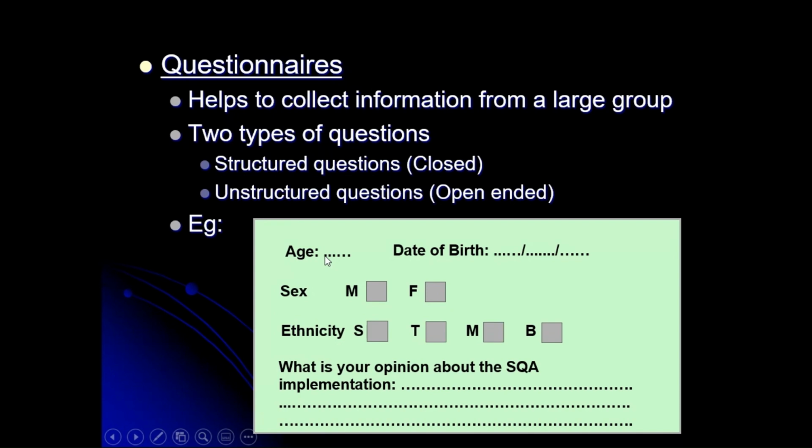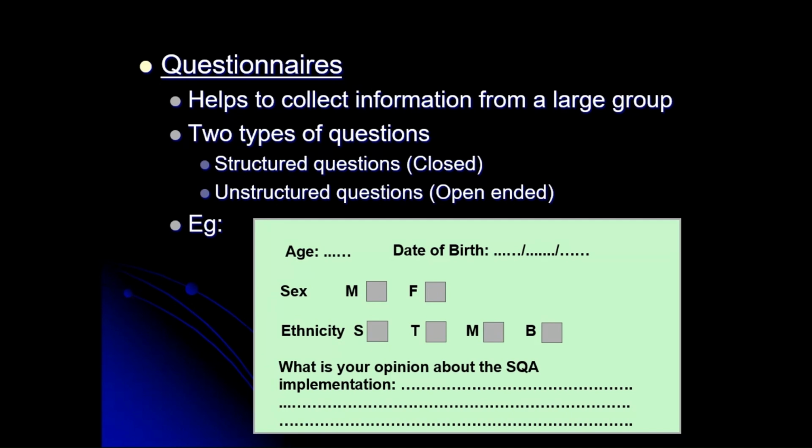Closed-ended or structured questions are where the respondent can directly provide the answer. When you ask the age, you can simply say it's 25 or 46 or 79, whatever. Date of birth also you can directly give as an answer. So these are closed-ended questions. Sex, ethnicity, all these are closed-ended or structured questions.